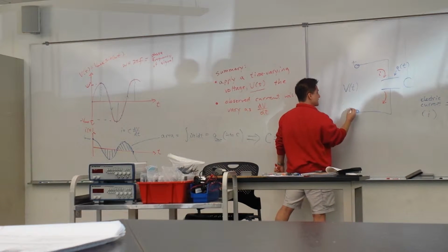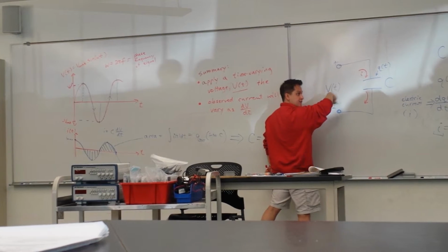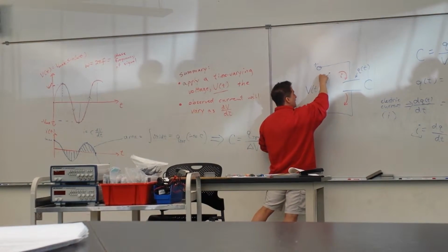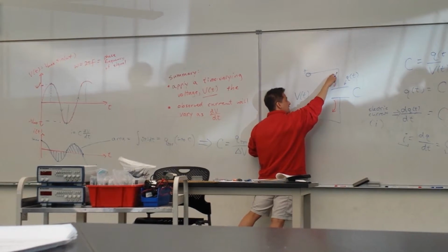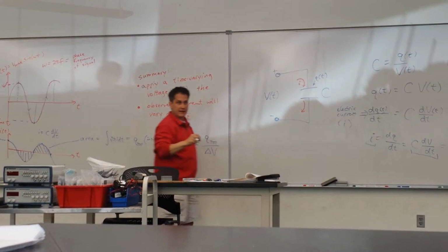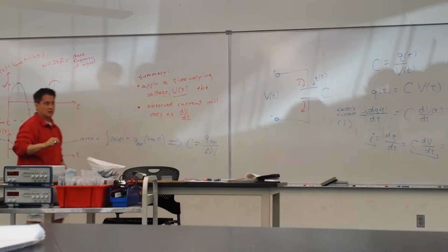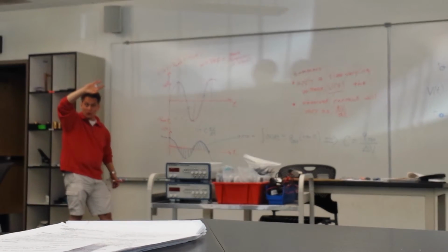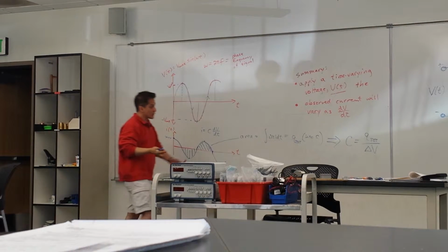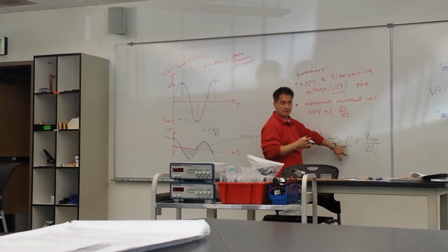This is the positive and this is the negative end of the power supply. As it's varying and becoming more positive on this end than this end, then the current's going to flow in that direction, and then backwards when the voltage trend reverses. So we're going to use this information to calculate the capacitance.